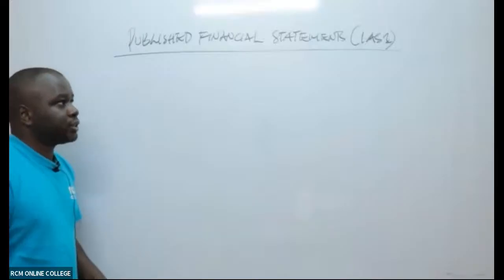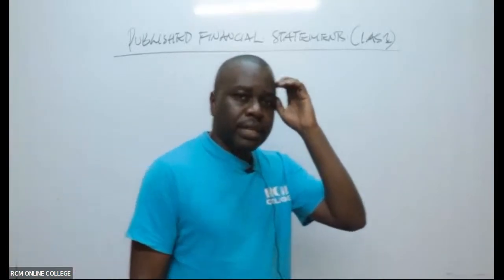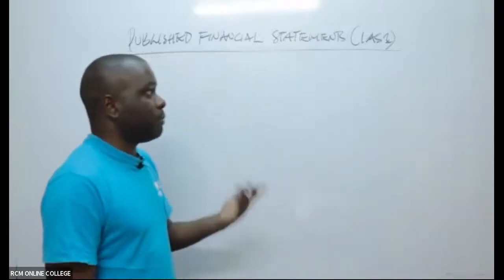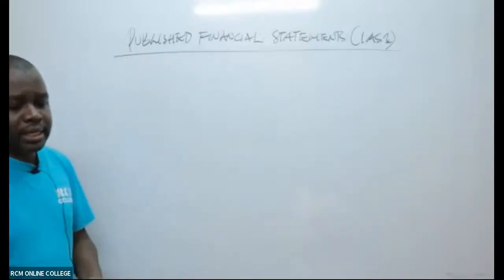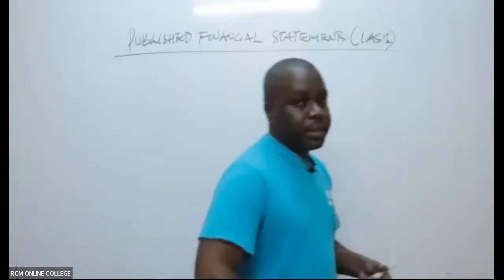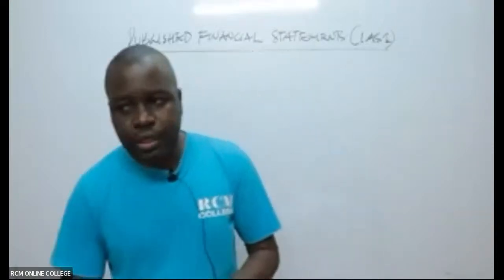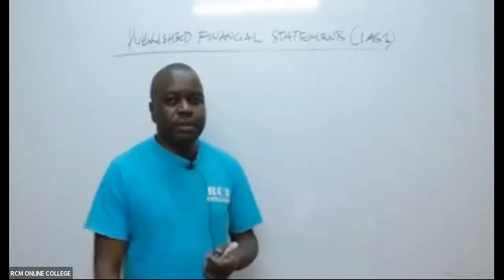So there are key financial statements that will have to be published. For example, public entities have to make them public. We have, for example, the statement of comprehensive income, the balance sheet, the statement of changes in equity, and the cash flow statement.